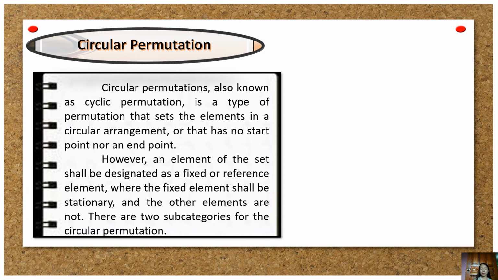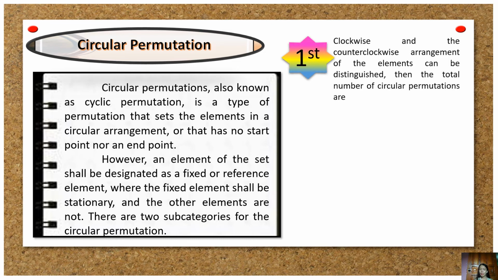There are 2 subcategories for the circular permutation. First is, if the clockwise and the counterclockwise arrangement of the elements can be distinguished, then the total number of circular permutations is equal to the quantity n minus 1 factorial.